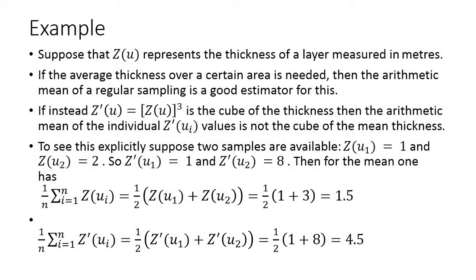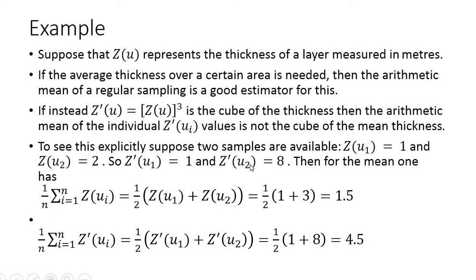So Z'(u1), we cube this, will give you 1 times 1 times 1, which is 1, and then for the other we apply a cube, this will be 2 times 2 times 2, which gives us 8. Then for the mean, the mean we have got for the first one is 1.5.